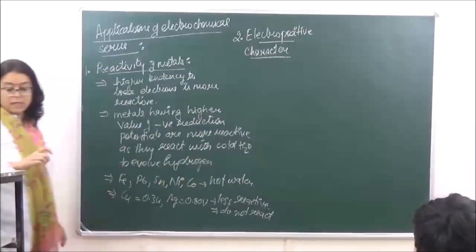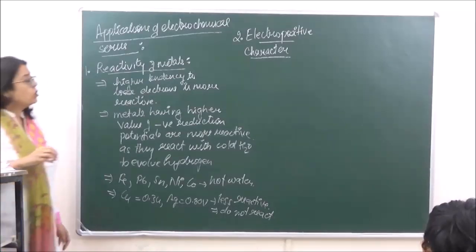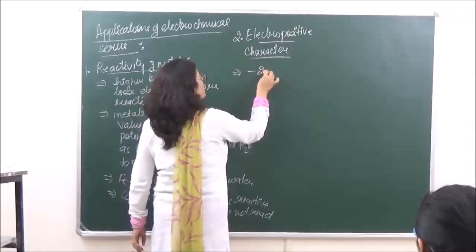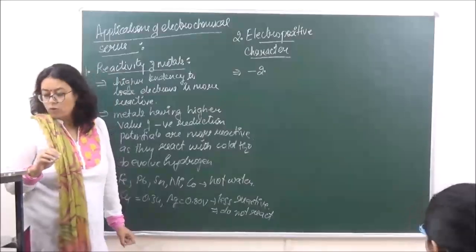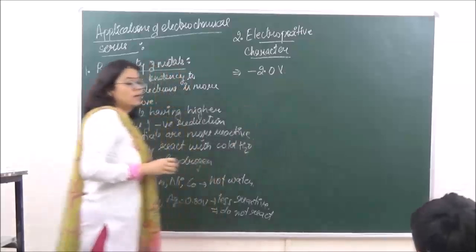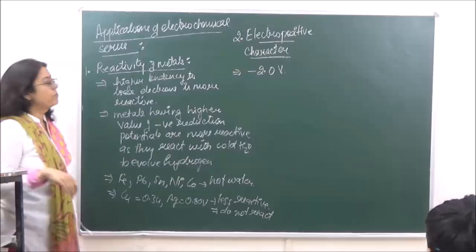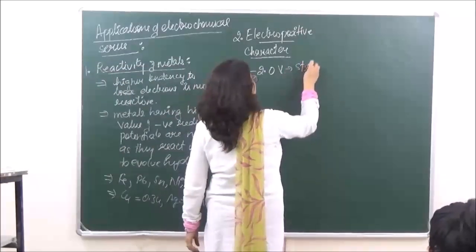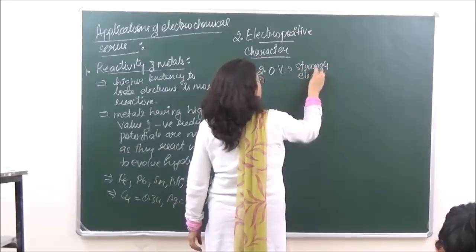Now when we are talking of electropositive character, all those metals which have a value of minus 2.0 volt or more negative than this are strongly electropositive.